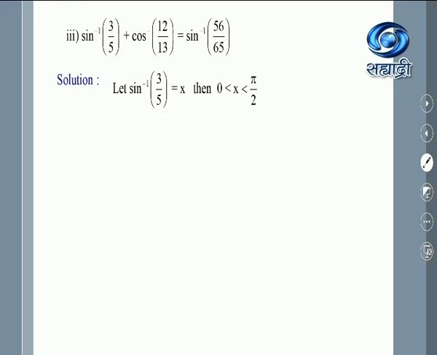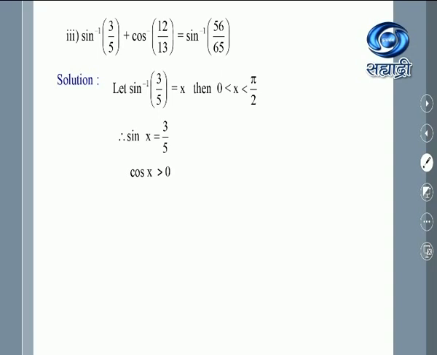Sine inverse 3 by 5 equals x. So this is a very important condition: x is less than pi by 2 and greater than 0. Why? Because we are finding cos x after this step. With the definition, sin x is 3 upon 5. As this is positive, and x is less than pi by 2 and greater than 0, the angles are positive, so cos x is also positive.